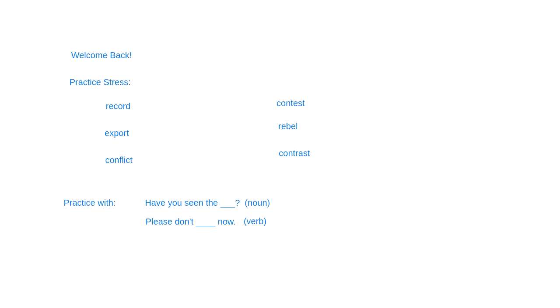So for which one, the verb or the noun? For the verb. Good. The verb has stress on the second syllable. That's correct. Do you remember my little rule to help you?